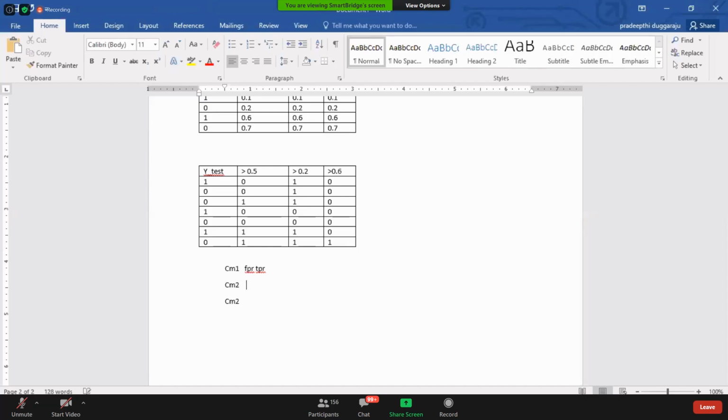Again, you will get FPR and TPR. Again for 0.6, you will get FPR and TPR. Right? So you get all the values. Now, if you plot the graph, this is how it will be, right?